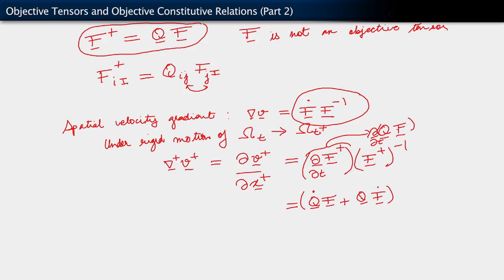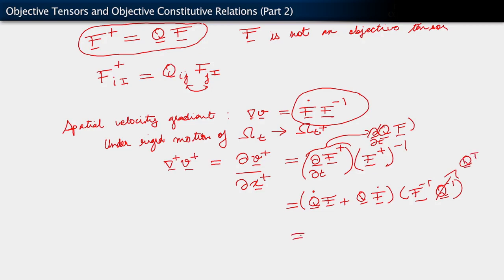The first parentheses is what I've written out here, and the second parentheses is just the inverse of QF. Remember, the inverse of a product is the product of the inverses with the order flipped. So we get F inverse Q inverse, but what is Q inverse? Because Q is orthogonal, Q inverse is Q transpose.